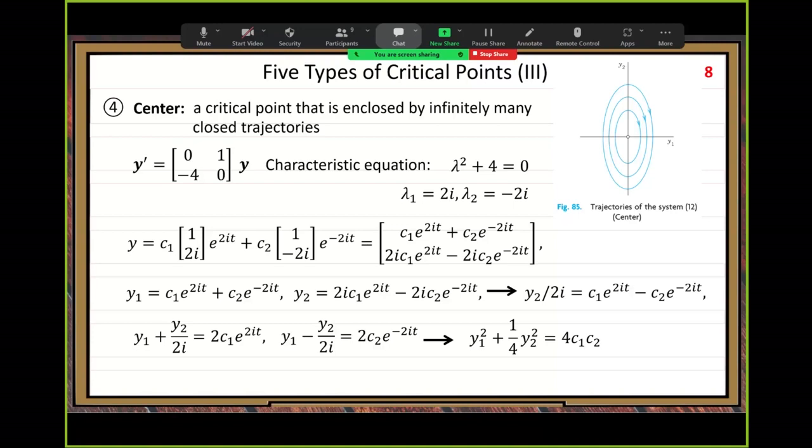When you see this equation, what type of curve is it?